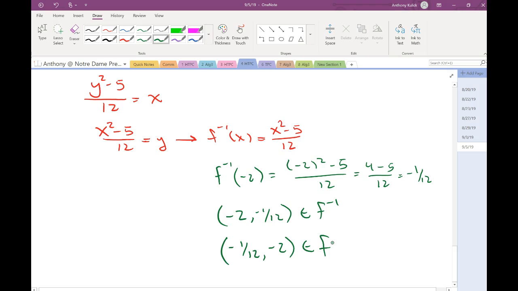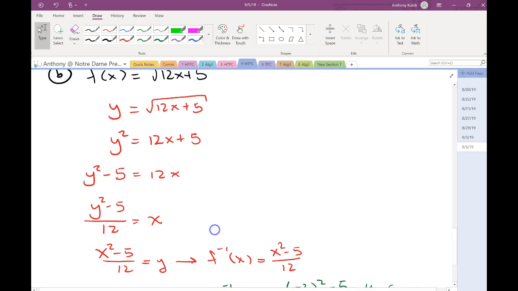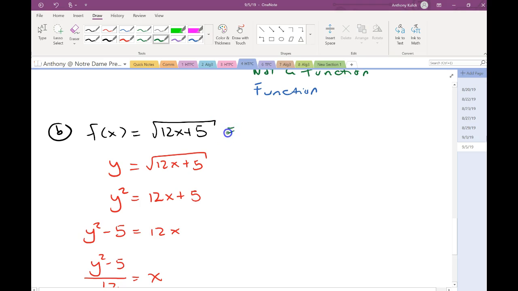Everybody agree with that? But what that would imply is that somehow I can take the square root of 12x plus 5 and get a negative number. Not quite right there. Does everybody see that? So we do have a little bit of an issue going on here.